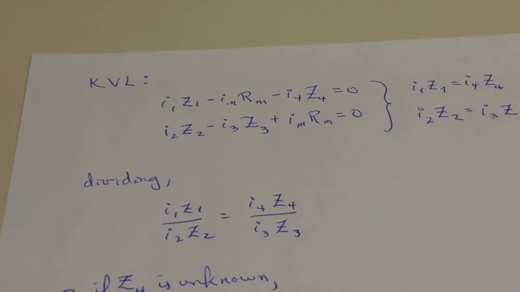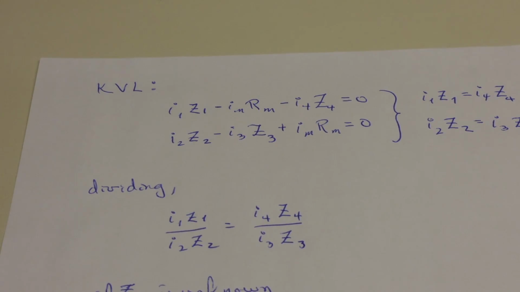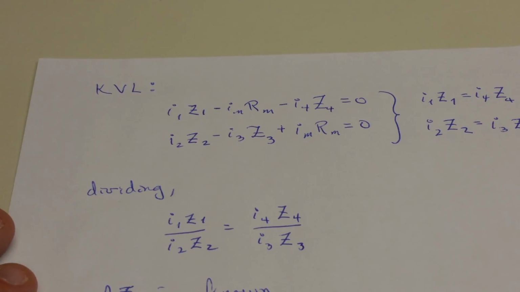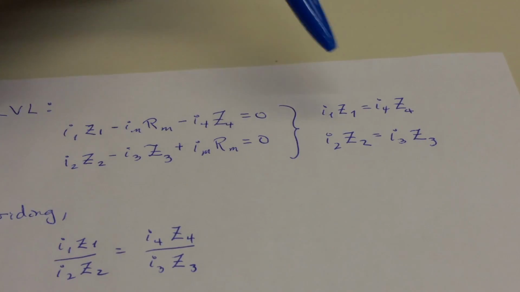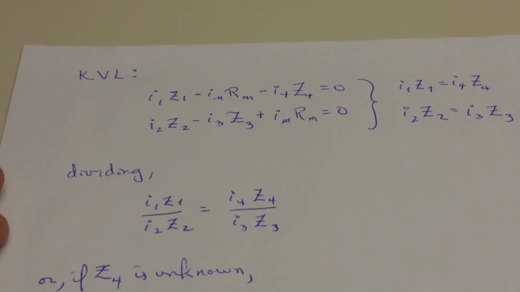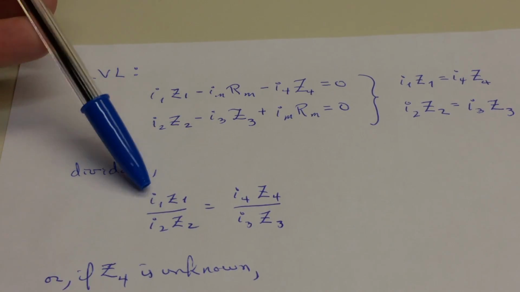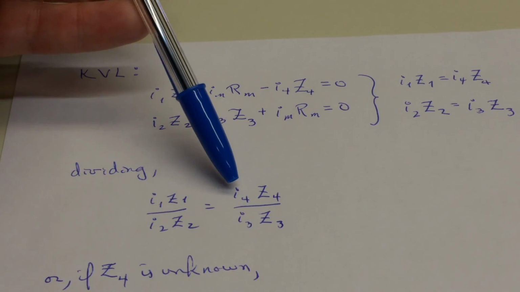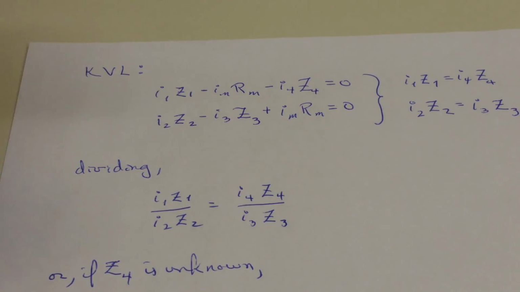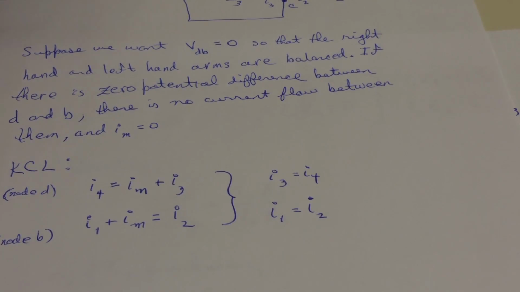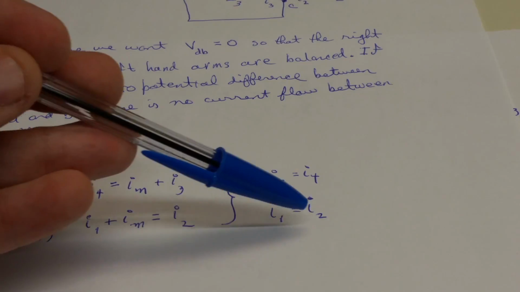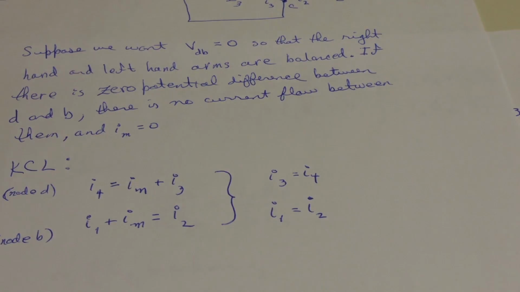Well, now we have two equations, one from the current law and one from the voltage law, and we can begin to combine those equations and do some algebra to find the unknown Z4. So dividing our two voltage equations by one another, we have I1 Z1 over I2 Z2 is equal to I4 Z4 over I3 Z3. But above, when we did KCL, we showed that I1 and I2 are the same, and I3 and I4 are the same.